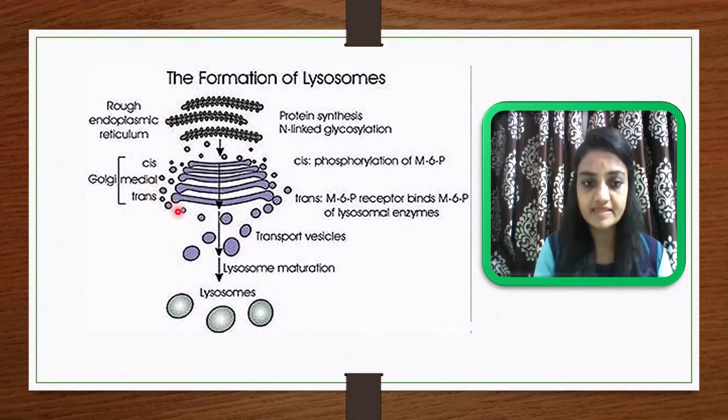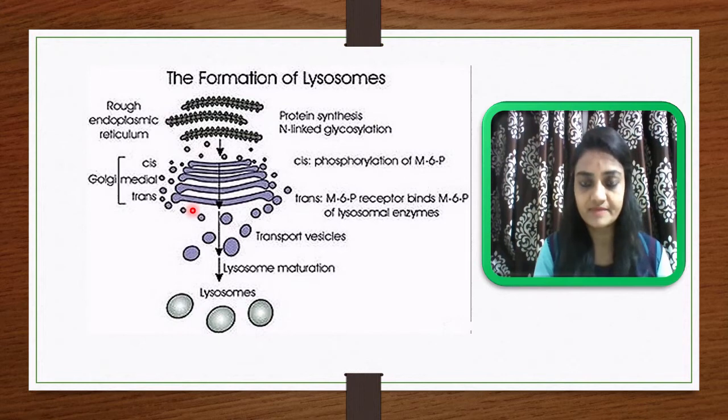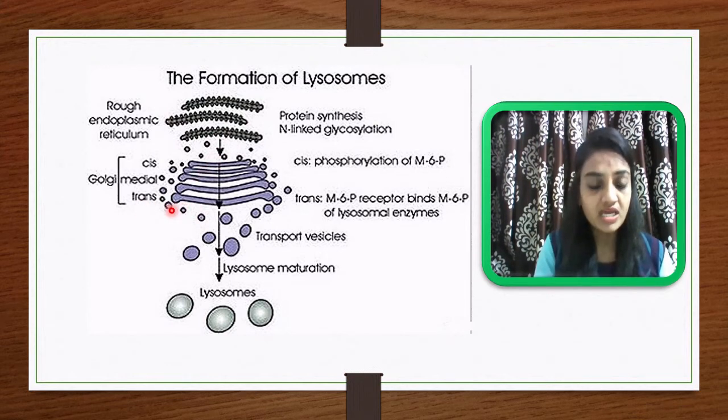This is the Golgi apparatus, and this is the cis face, and this is the trans face. The cis face receives material from the endoplasmic reticulum, and it reaches the trans face. Then these vesicles convert into transport vesicles, and finally it matures. It will be enlarged and convert into a lysosome. In this way the lysosome will be formed.